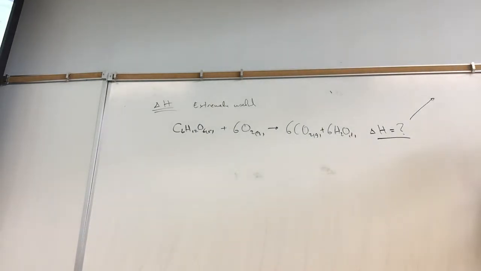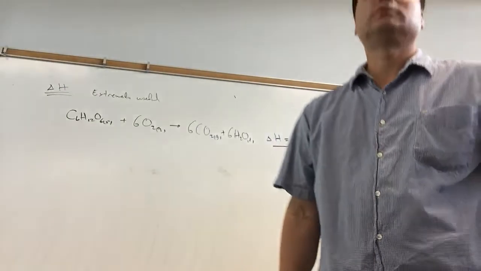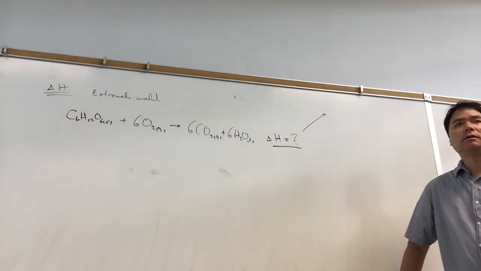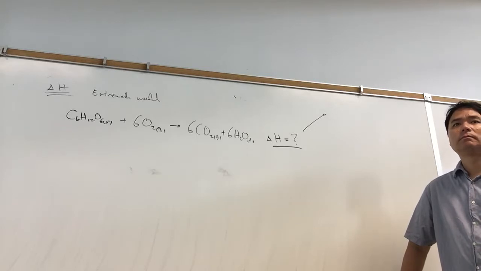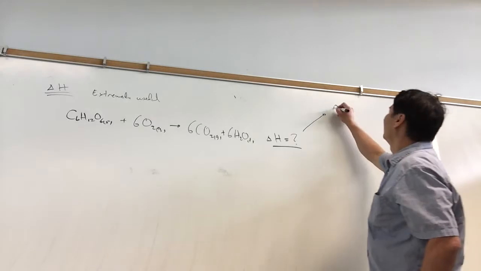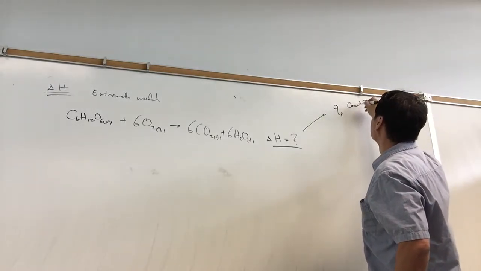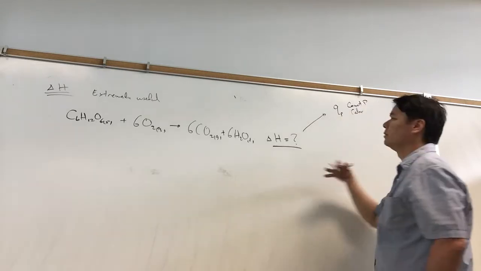Probably one of the most direct ways of determining delta H is what you did in experiment 2, which is what? You did constant pressure calorimetry. If we get QP, then we can do it. How do we get QP? We do constant pressure calorimetry. We burn it.